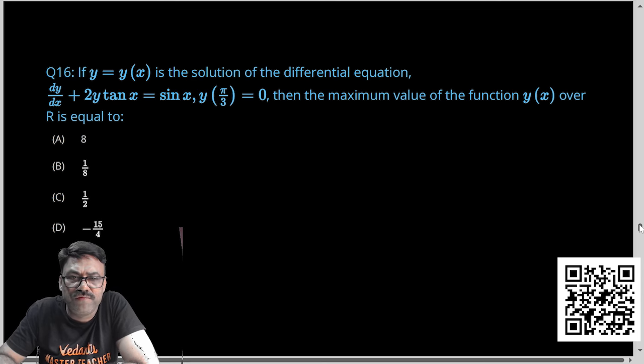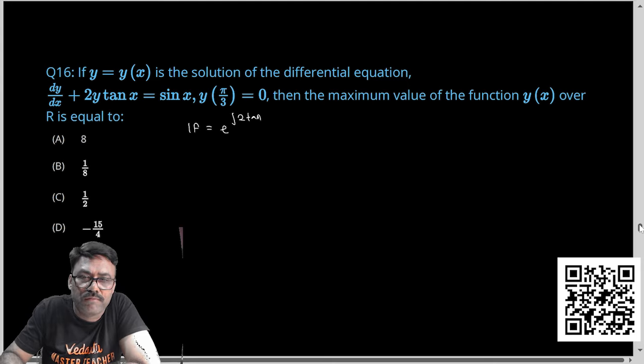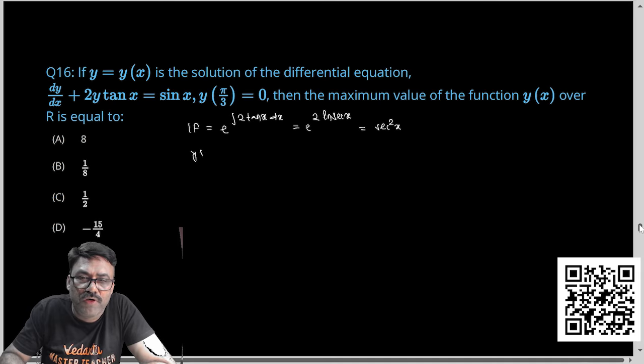You can see it is a linear differential equation dy by dx + Py = Q. So if I find its integrating factor, it is e raised to the integral of 2 tan x dx. So basically it is e raised to 2 log secant x, which becomes secant square x. Integrating factor is secant square x, right? Now let's write the solution. The solution will be y into integrating factor on the left side.